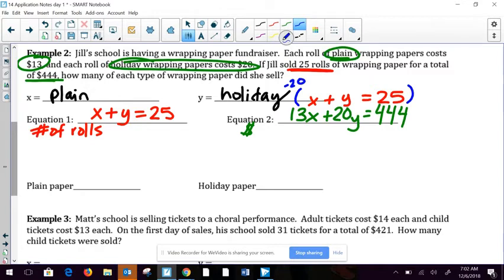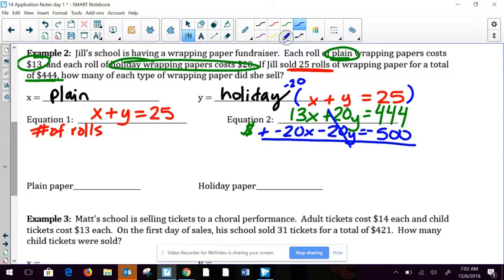So negative 20 times x is negative 20x. What's negative 20 times y? Good. Negative 20y is equal to. And finally, what's negative 20 times 25? Good. It's negative 500. So now I get to stack and add, and my y's get eliminated.